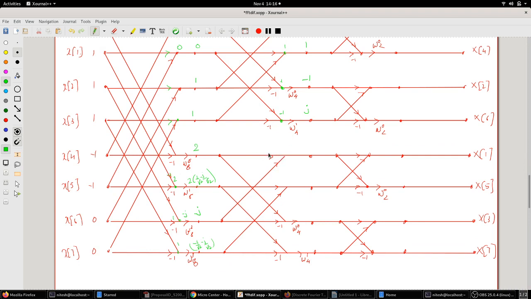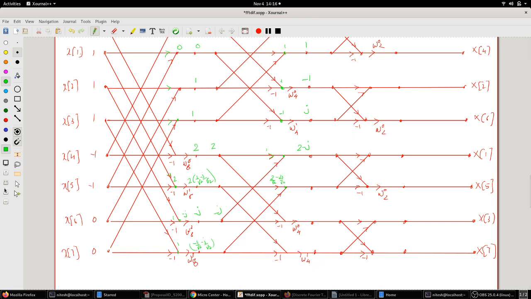So this is 2 coming in, and this guy is a minus j. So this is a 2 minus j. Okay, this is minus j, right? This is a 2. This is what the values are. Okay. So now 2 into 1 by root 2 minus j by root 2, this particular point will have 2 by root 2 minus 2j by root 2.